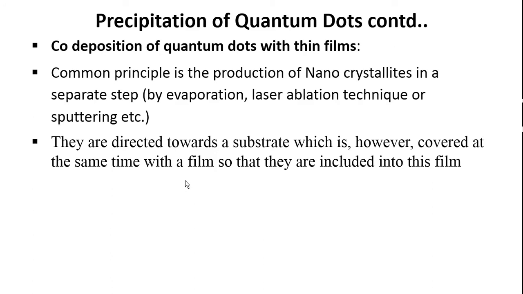So the laser ablation or whatever type of beam we are using is directed towards the substrate, which is covered with a film, so that the quantum dots are included in this film. Already there is a layer of film provided on this substrate, over which the new quantum dots are produced. That is why it is called co-deposition. Already the films and nanofilms have been deposited upon the substrate over which these quantum dots are produced.